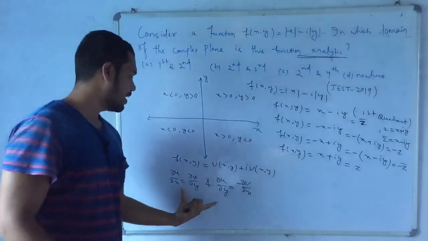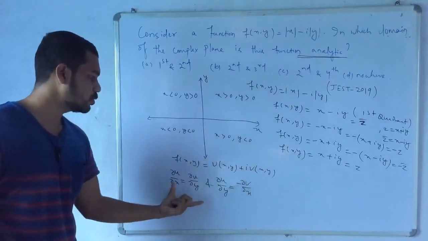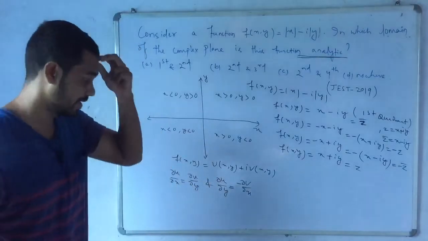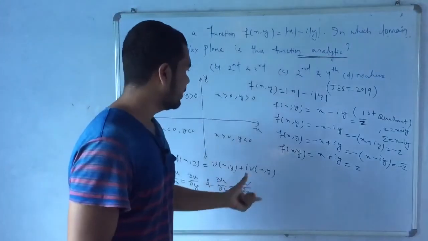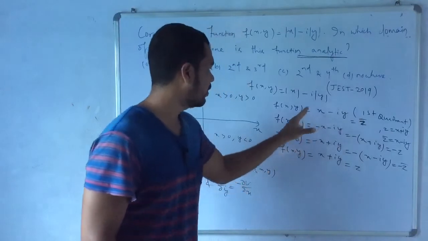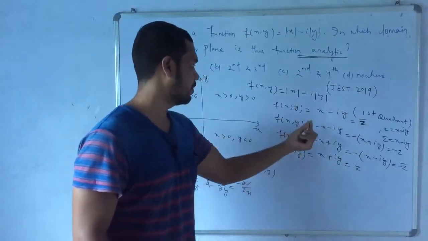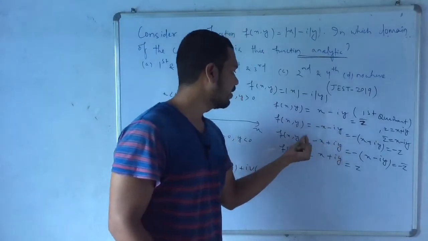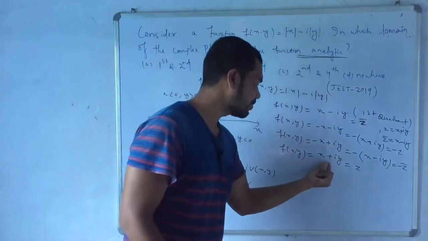The function is analytic if and only if these two conditions are satisfied. You can check this for all four functions: x minus iy, minus x minus iy, minus x plus iy, and x plus iy.